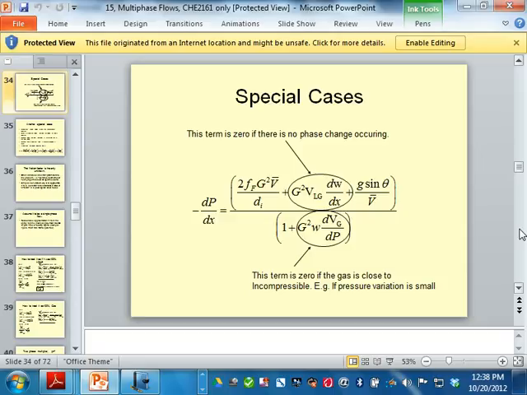This is due to phase change, that's why there's a dW/dx. The W is changing. This is due to gravity, no problem. This one is due to the gas expanding, dVg/dP, G squared, W is the quality.